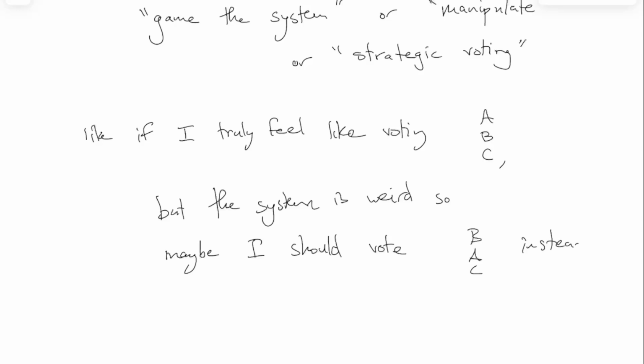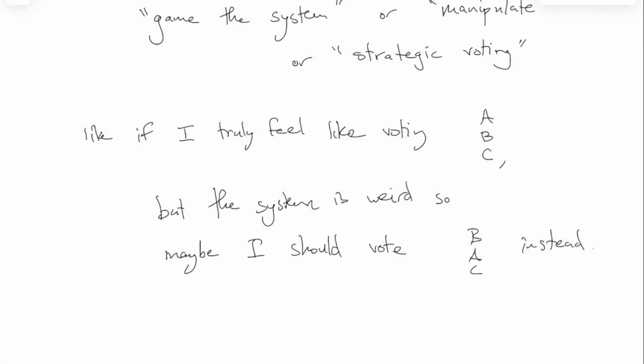And somehow, because the system is so weird, this other vote, which is not actually my true opinion, will achieve my original goal better than my true vote. All right, this is the idea behind this concern about manipulability.